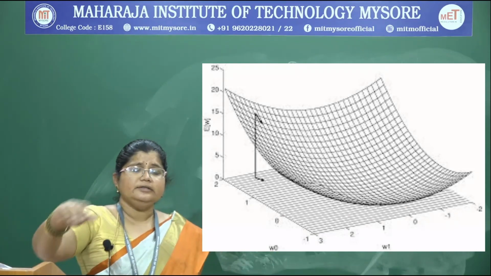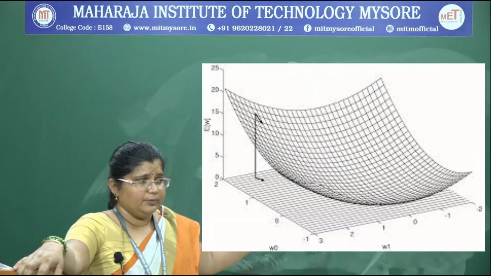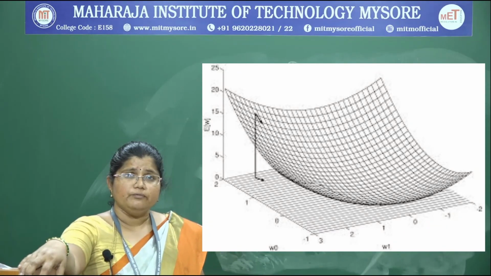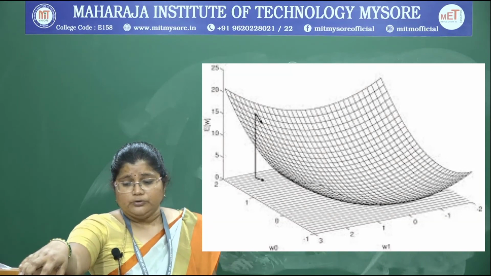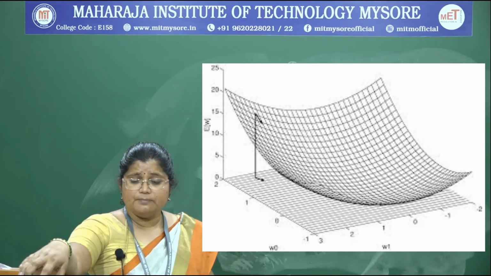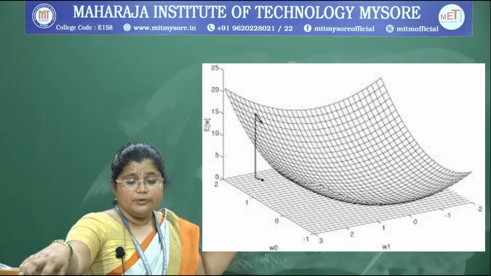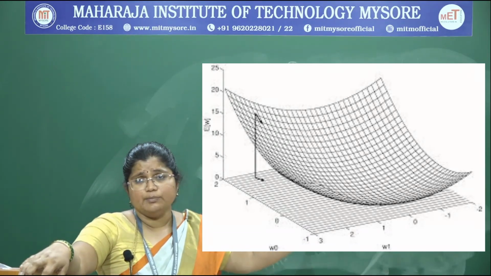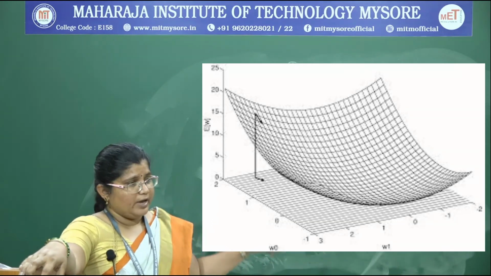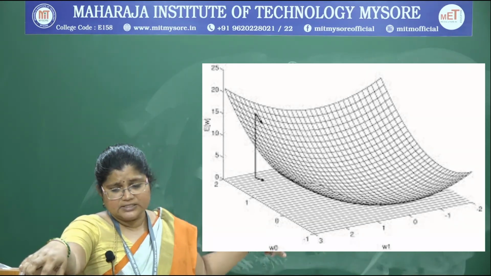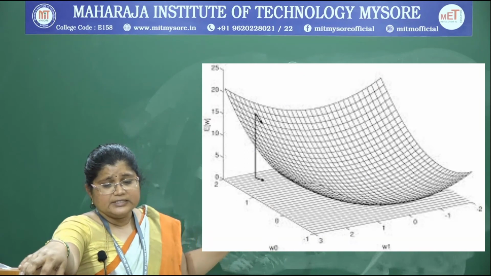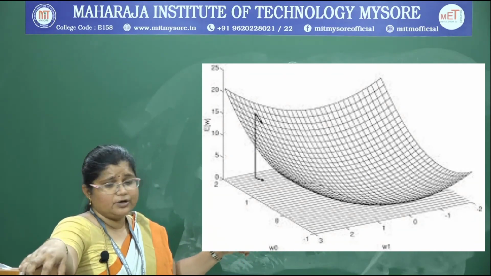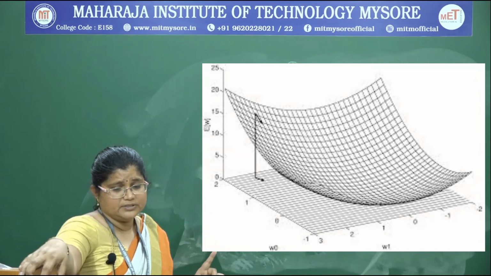The axes W0 and W1 represent the possible values of the two weights of a simple linear unit. The W0, W1 plane therefore represents the entire hypothesis space, where the vertical axis indicates the error E relative to some fixed set of training examples.